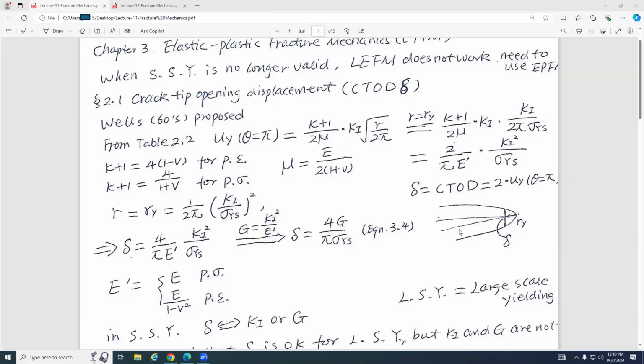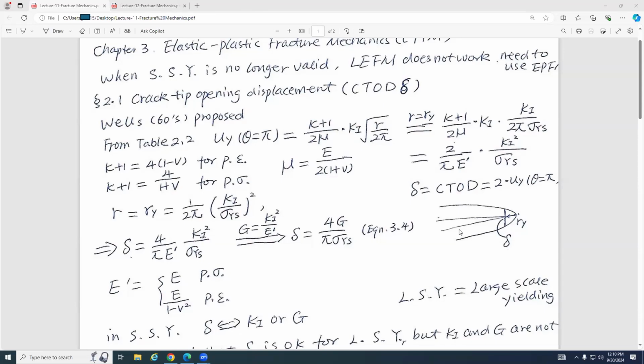But for visualization purposes, I just draw a very big crack. We only talk about the sharp crack. Do you understand, guys? The sharp crack. So this is my crack tip.